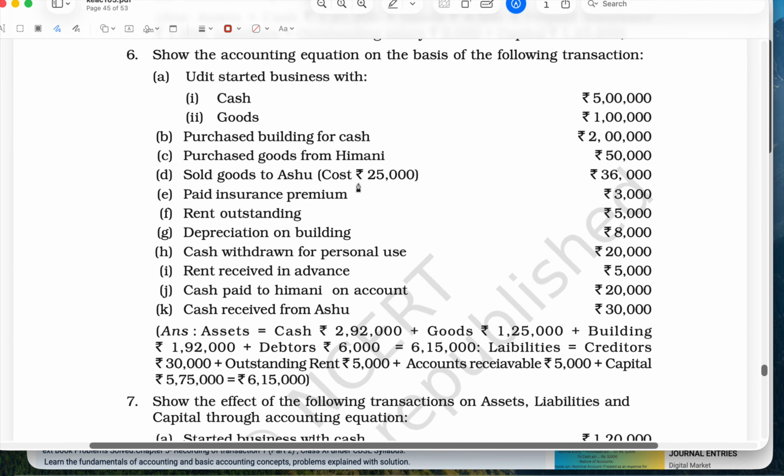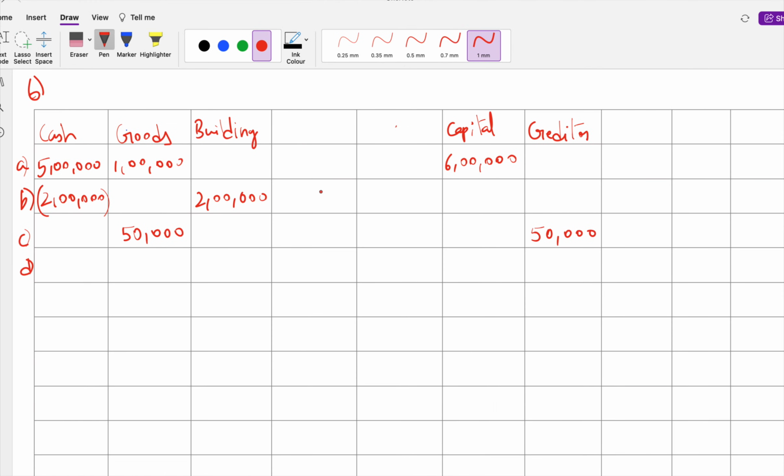Next, we have D. Sold goods to Ashu costing 25,000 for 36,000. So goods worth 25,000 will reduce. It is sold to Ashu, which is a credit sale. So Ashu will be your debtor.